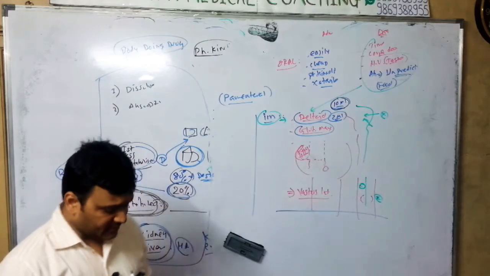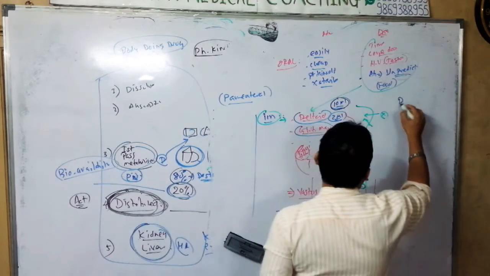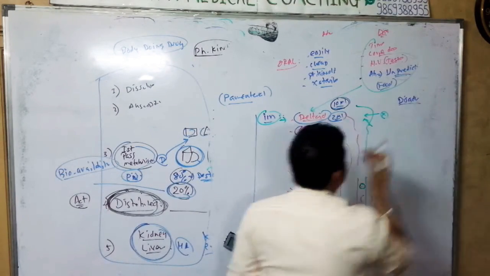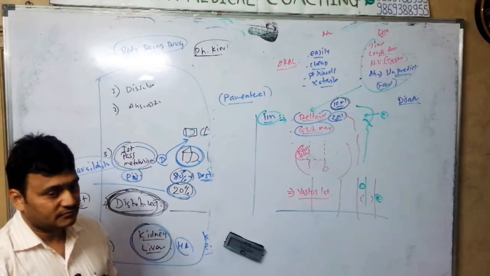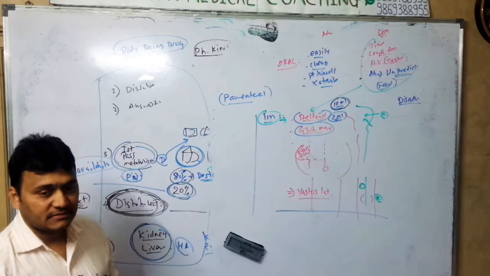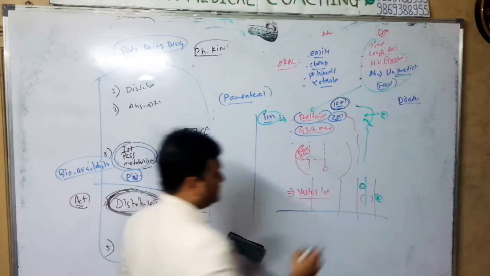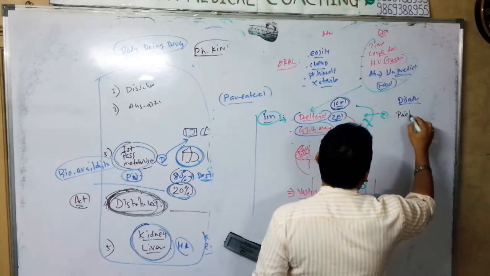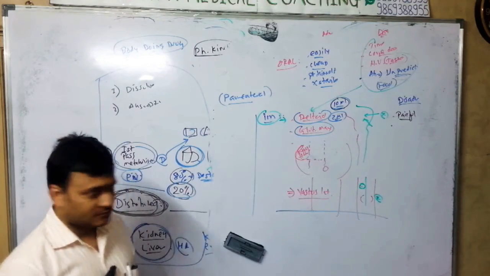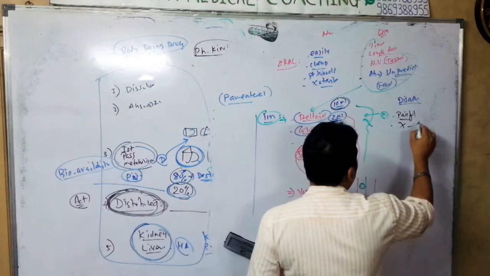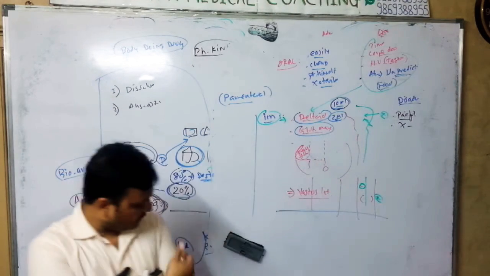But the trouble is, what are the disadvantages? It's a painful procedure, right? Can the patient himself give? The patient cannot. Even if you have given injections 100 times, can you give an injection to yourself?